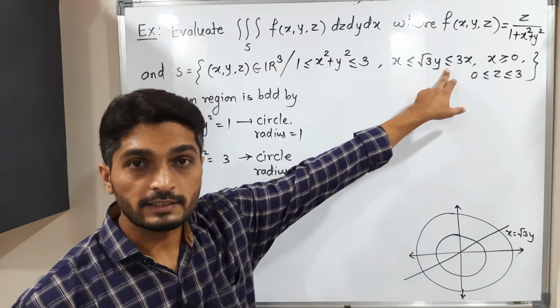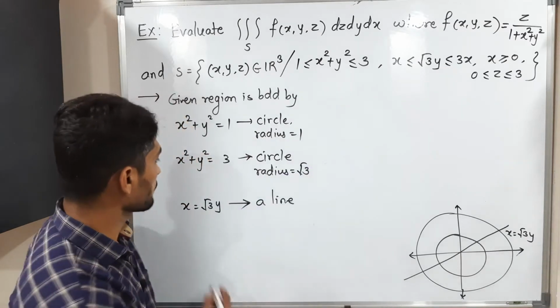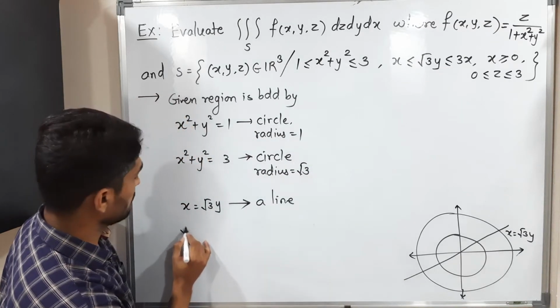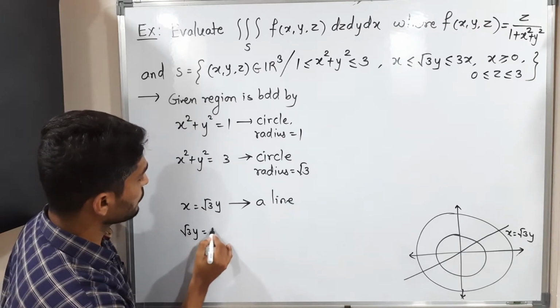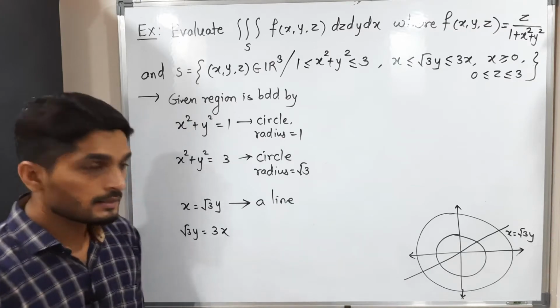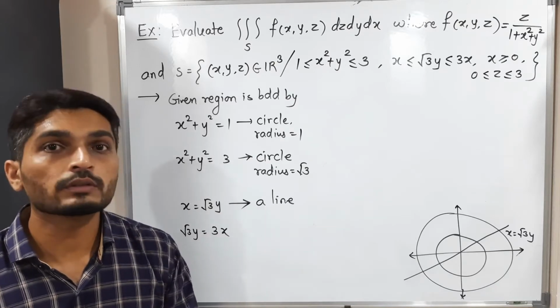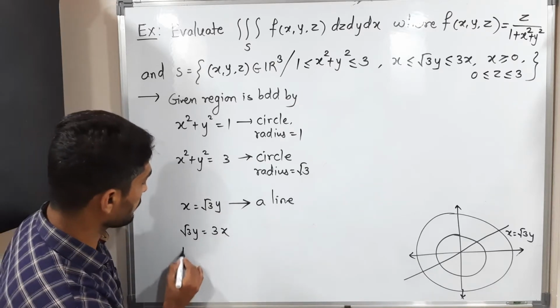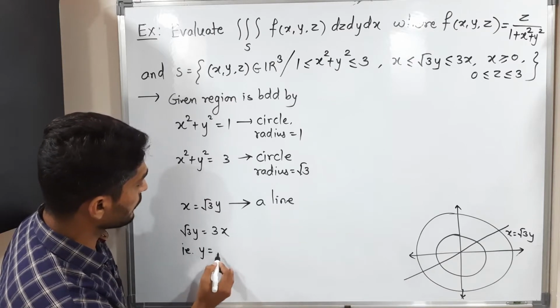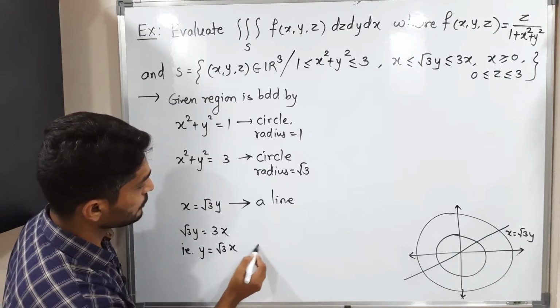Here also we can consider equality. So what will I have? Root 3 y is equal to 3x. You know 3 means root 3 into root 3, so one root 3 will get cancelled and we will have y is equal to root 3 x.